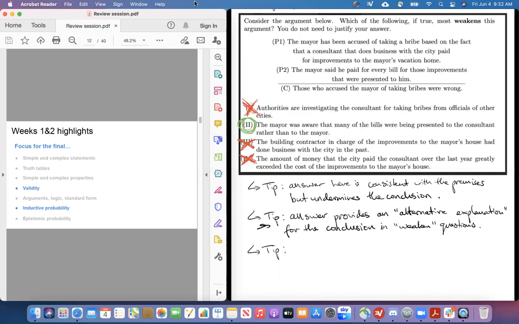And what else did we say? So my third tip for these types of questions is beware of irrelevant information. That should help you rule some of the answers out, and it will give you a better chance if you are guessing. So what do I mean by this? Look carefully at what's in the conclusion.